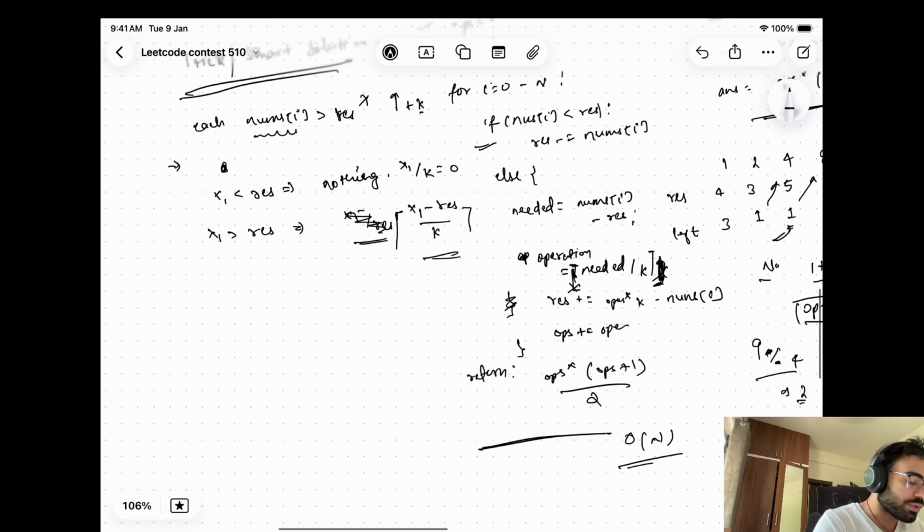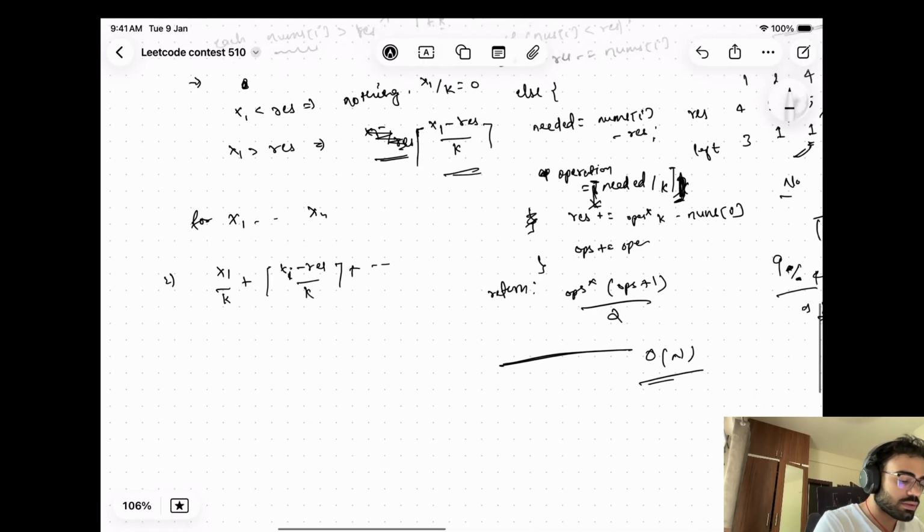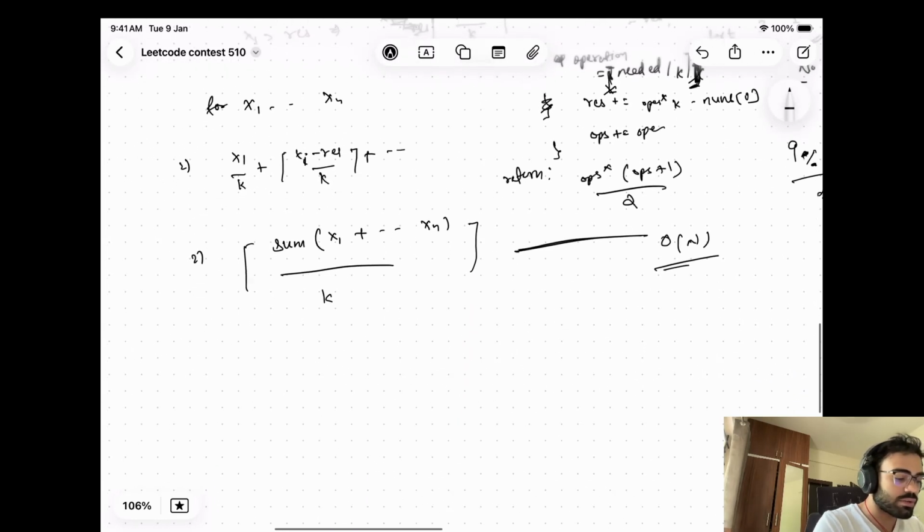So for x1 till xn, what is my final answer? x1 by k plus x1 minus resources by k, and so on. So what is this? Sum of x1 till xn divided by k, and the ceil value.